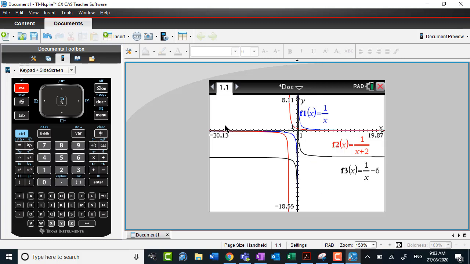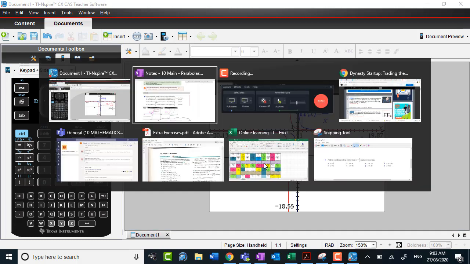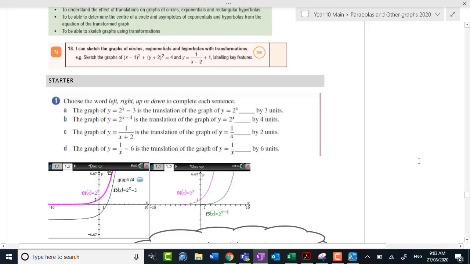We've actually moved this graph here, this blue one, 1 on x. We've actually moved everything down 6, which means now we have an asymptote at negative 6. And as you can see, everything has moved down 6. This point here has moved down 6. This point here has moved down 6. Everything has moved down 6. Okay? So let's have a look at some of these.